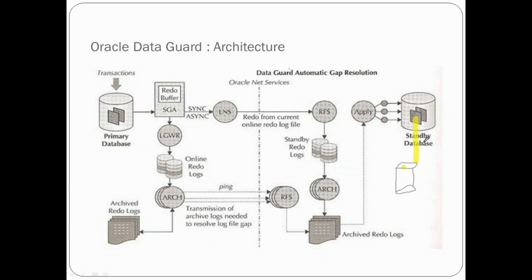When it is in standby mode, it will only use standby redo log files. When it is the primary, it would use the online redo log files, not the standby redo log files. So the standby redo log files would not be used at all when it becomes a primary database. So a database can have both.